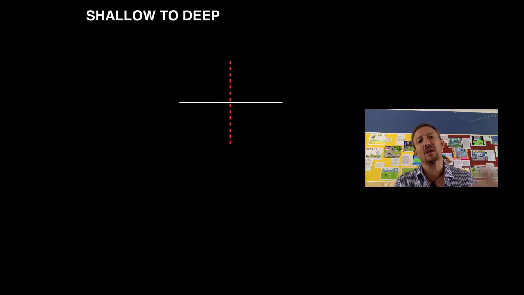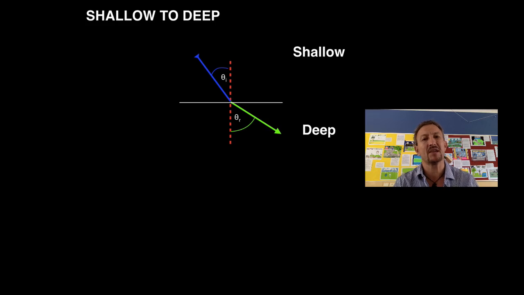Okay, so what happens if we go in the opposite direction? Well, in the opposite direction, where we go from shallow to deep, as I said, maybe coming across a sandbar and going back out into deep water, we'll get a normal incident ray coming in, as you can see there. But as it goes to deep, it speeds up, and as a result, the wavefronts get further apart. They're also going faster.